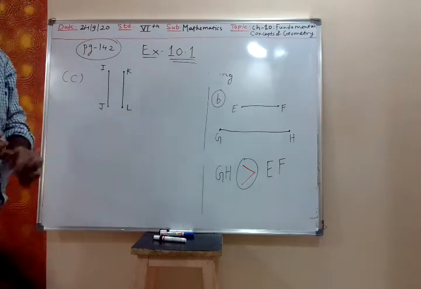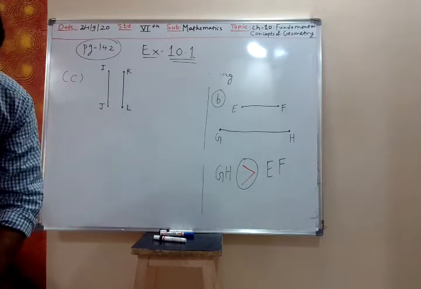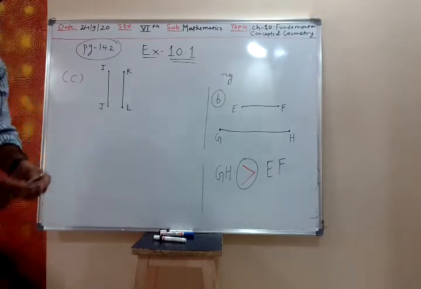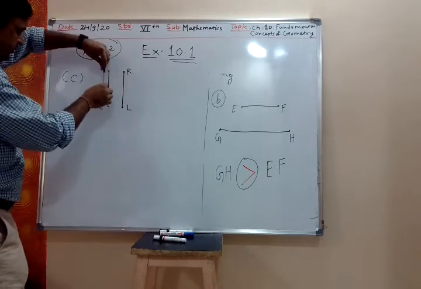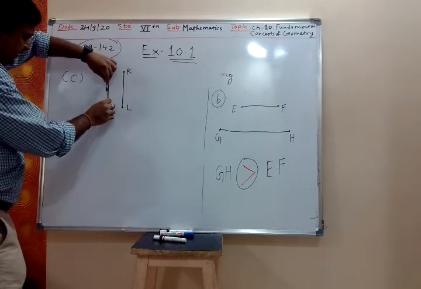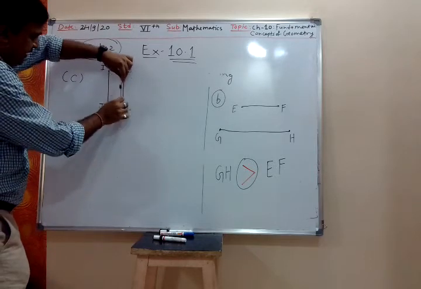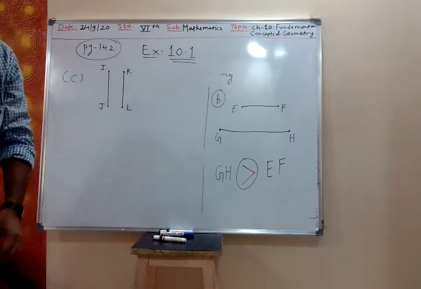You have to compare the line segments, meaning which is bigger. Yes, both are equal. When you see this, use the divider, and you will come to know that both the line segments are equal.